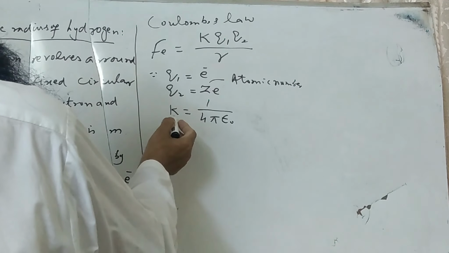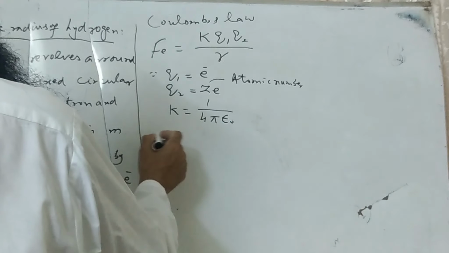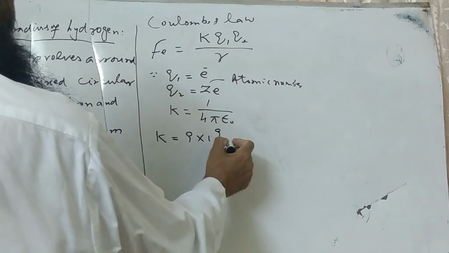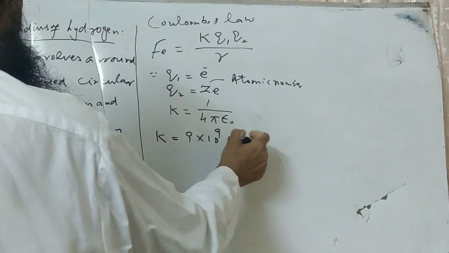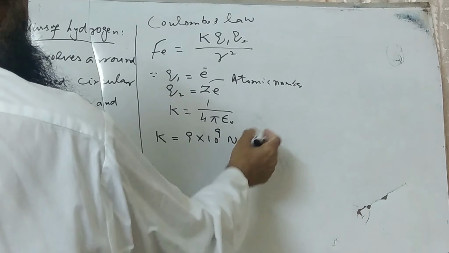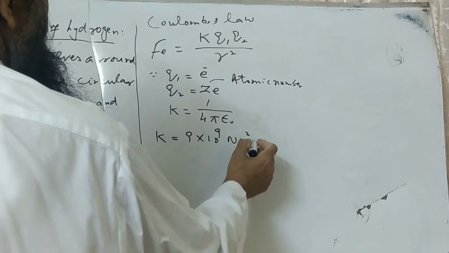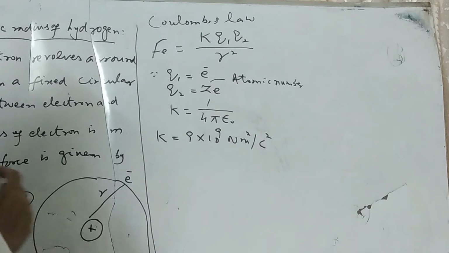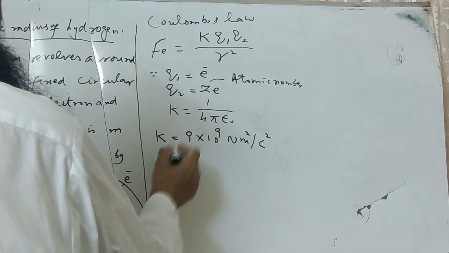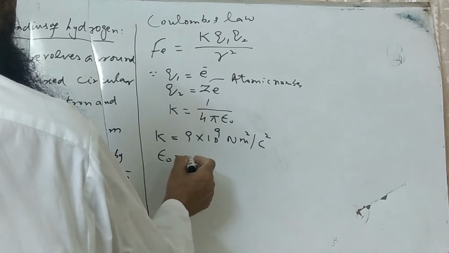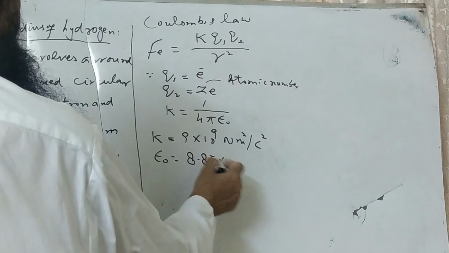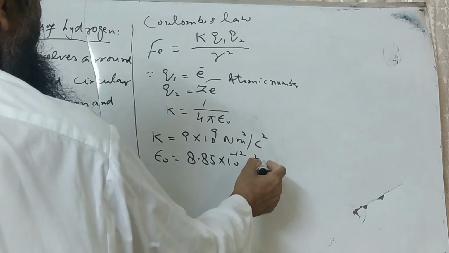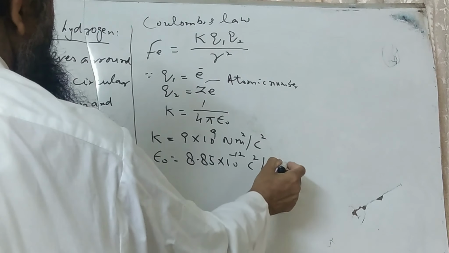K is equal to 1 over 4 pi epsilon naught, where epsilon naught is a constant, and K is also a constant: K is equal to 9 into 10 to the power 9 Newton meter square over Coulomb square. So epsilon naught becomes equal to 8.85 into 10 to the power minus 12 Coulomb square per Newton meter square.